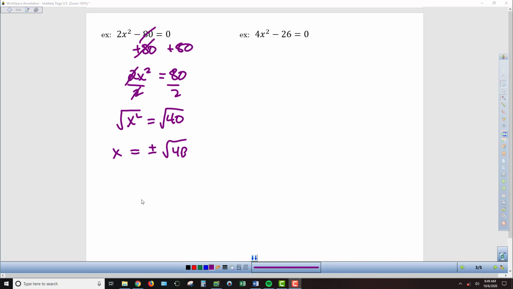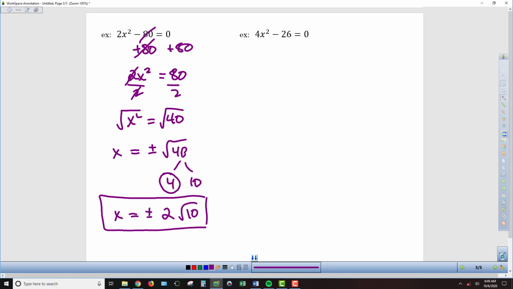There are any of a number of ways that we could simplify or factor tree 40, but I'm going to opt for 4 times 10 because that's going to get me directly to a perfect square. 4 is a perfect square. I can take the square root of that. 10 factor trees into 5 and 2, but that doesn't lead anywhere, so I'm just going to leave it. So I get x equals plus or minus, so the square root of 4 is 2, so I'm going to have a 2 on the outside with the root 10 on the inside.